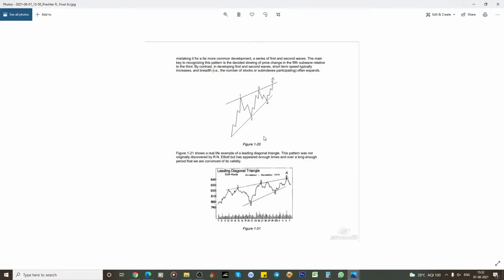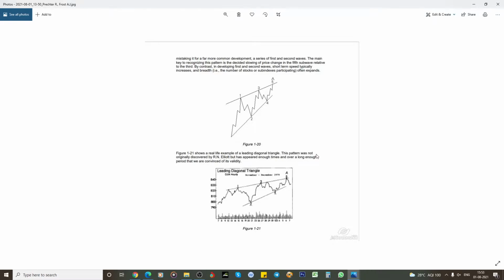But a lot of times it is a leading diagonal triangle, and the book mentions figure 1-2-1, right, shows a real example of a leading diagonal triangle. So this is the leading diagonal and this is the leading diagonal triangle.